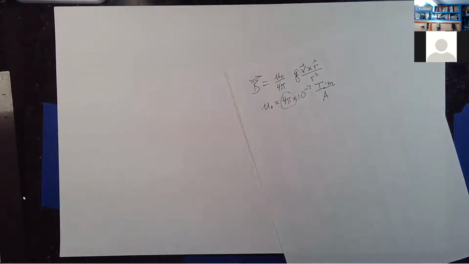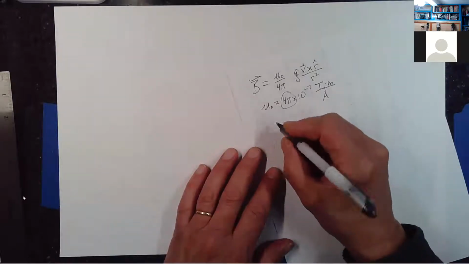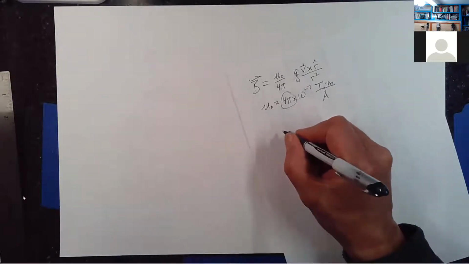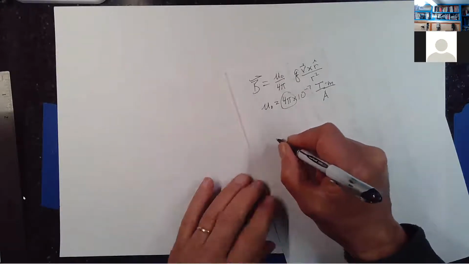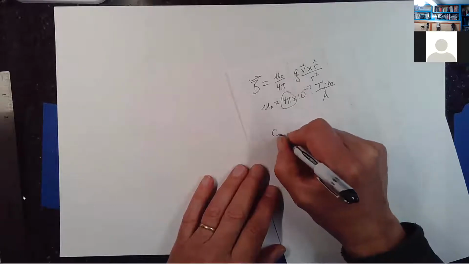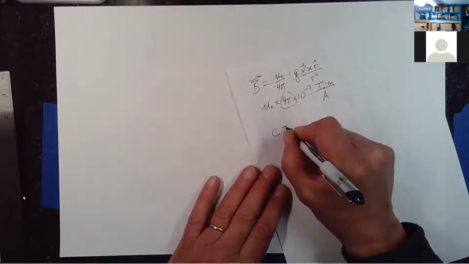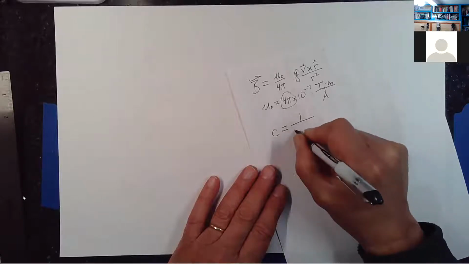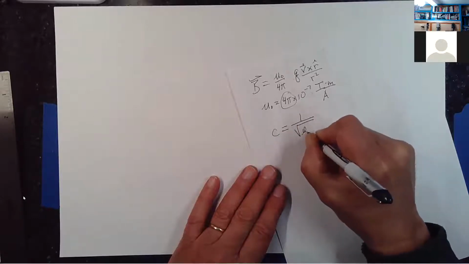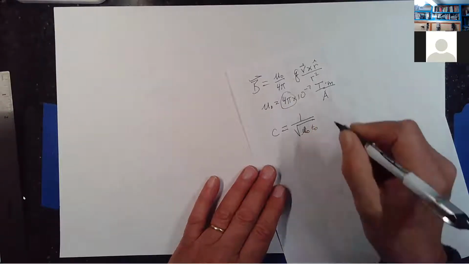Actually, it's one of those kind of mysterious things that shows up. If you develop the wave equation for light from the equations of electricity and magnetism, not all of which we'll get to, built into the wave equation for light is the speed of it. And the speed, pulling constants out of that wave equation, ends up being 1 over the square root of mu naught epsilon naught. So that's kind of a mysterious thing.